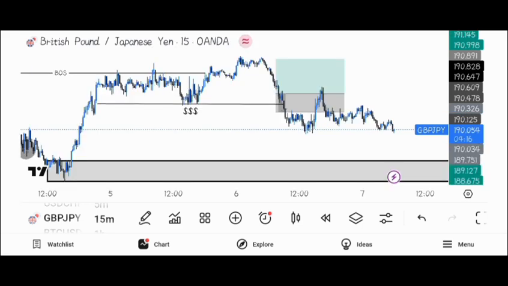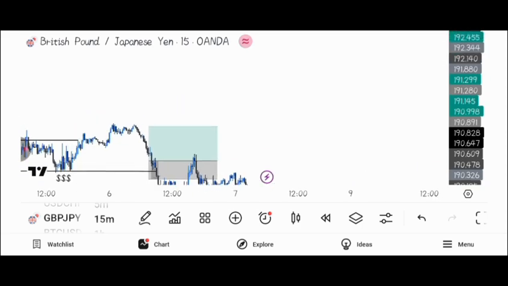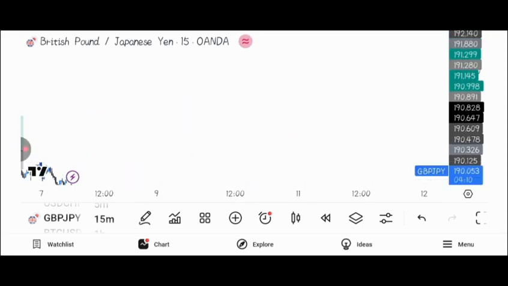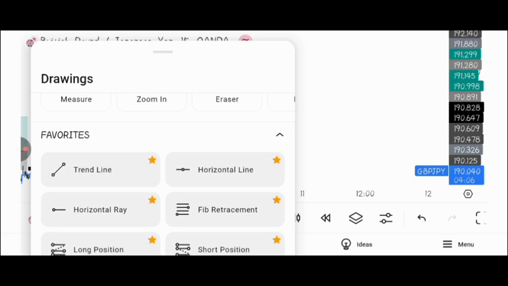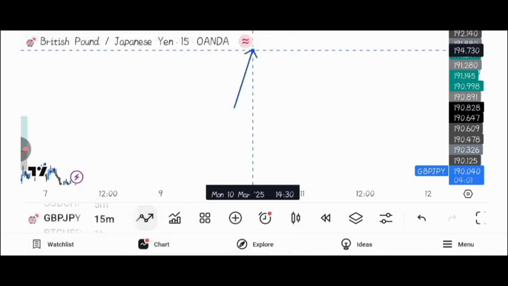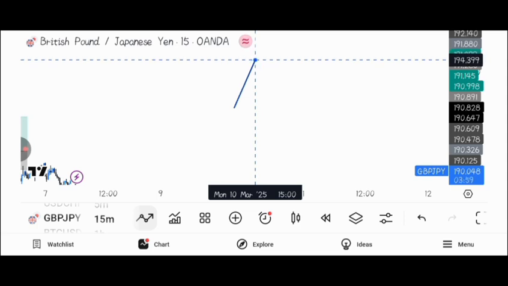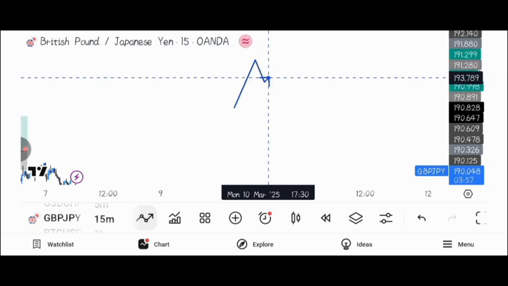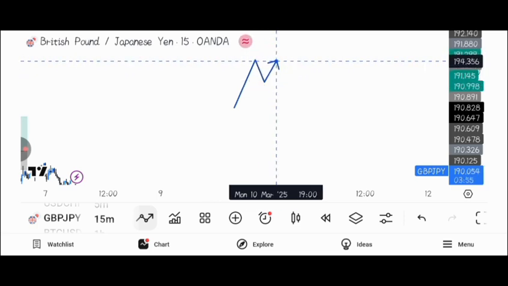So here is another example of what an inducement looks like. Let me go to a clear chart to show you an example. If you should see something that looks like the market is ranging, a ranging market is also an example, something like a double top like this.